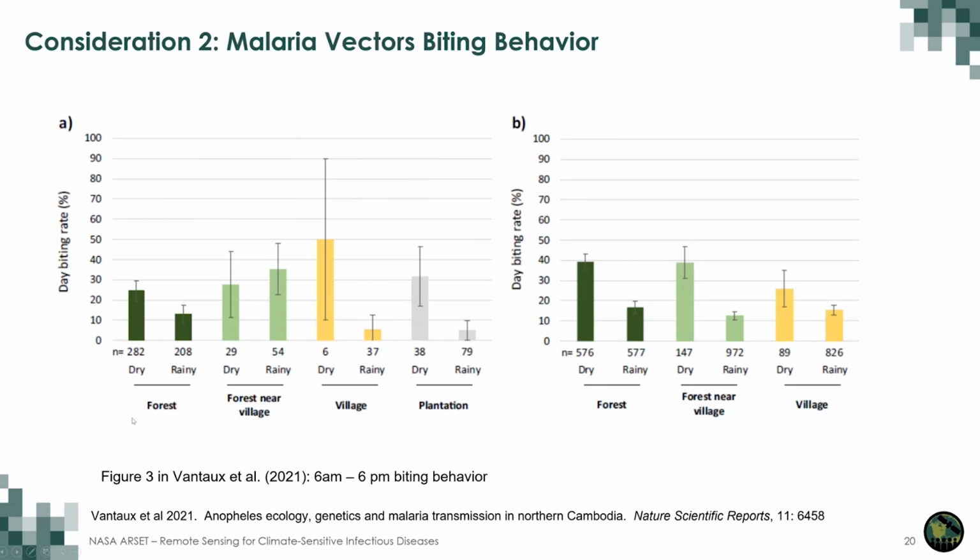We know that, again, the mosquitoes of the Mekong region bite quite prolifically in both dry and rainy season, and they bite across all kinds of land cover settings, and they are biting equally prolifically in the morning, during the daytime, and at dusk and in the evening. So that consideration becomes also very important in terms of understanding your hazard on the landscape.